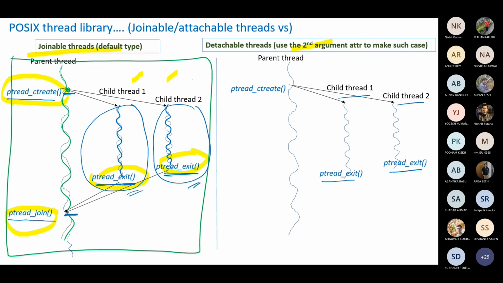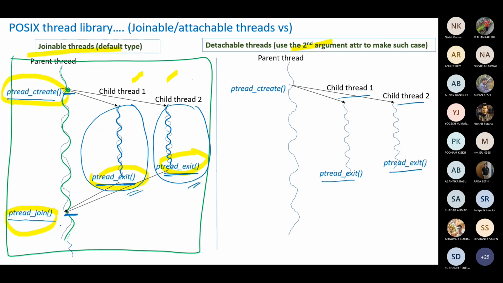So in that case, what happens? The child threads keep continuing. If they want to exit, they will exit, it doesn't matter. After creation of the child, the parent is no longer attached to the child. It is not interested in any kind of attachment, because it has not executed any join statement. The pthread_join is not there, but in the earlier case it is doing that.